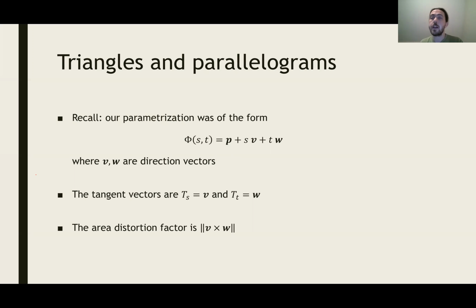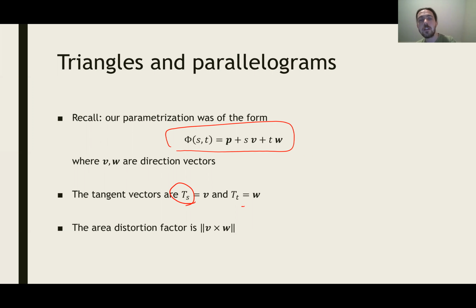So here's an example of a special case. When we had a triangle or a parallelogram, we always had a parameterization that said phi of s,t is a start point plus s times a first direction vector plus t times a second direction vector. Here I've used s and t instead of u and v as parameters, but that's okay.